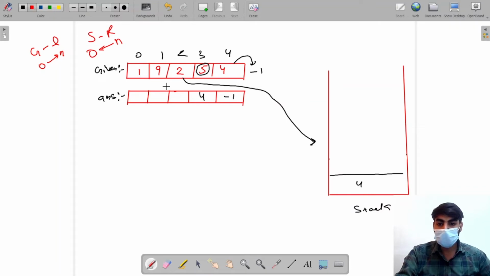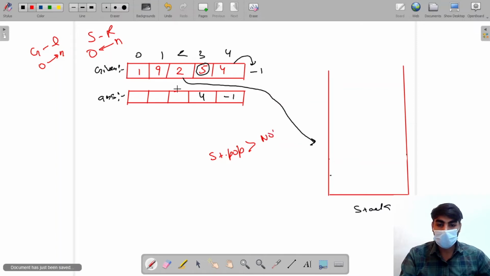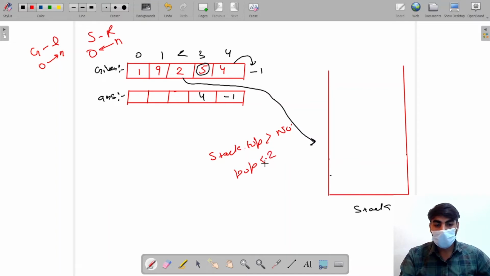Then again check for 2. The top number is greater than 2, so we again pop until we get a smaller one. If stack.top is greater than the number, then we pop until the number in the stack is less than 2.